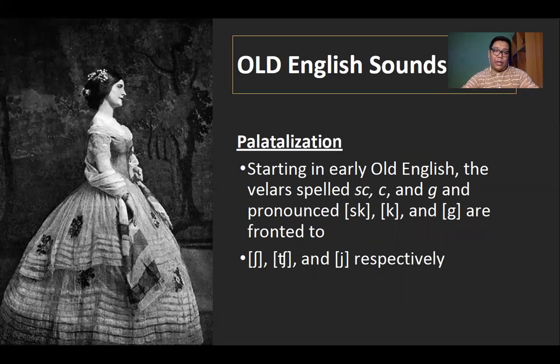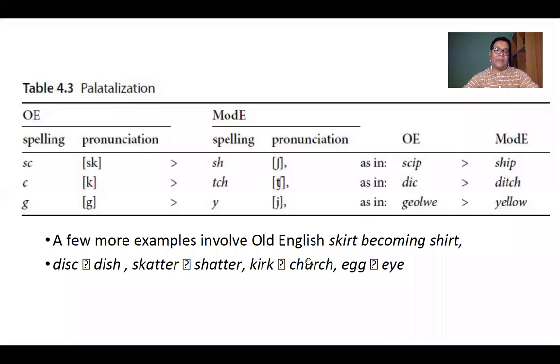So starting in early Old English, the velars spelled SC, C, and G, which were pronounced as k, k, and g, were fronted to sounds such as sh, ch, and the letter Y, ya, respectively. So if you look at this very carefully, we have here the Old English.